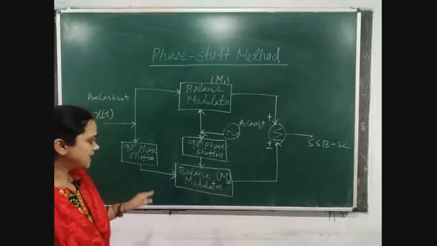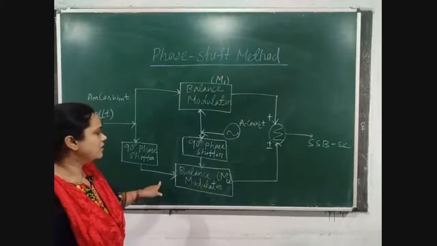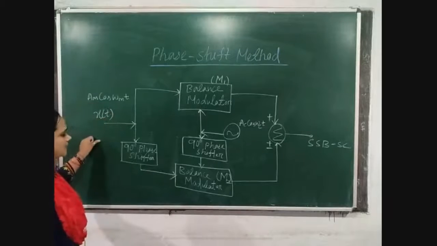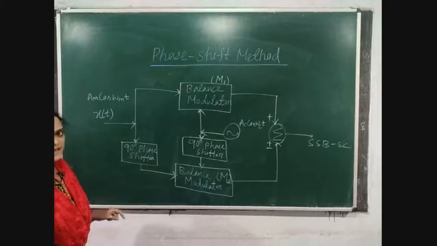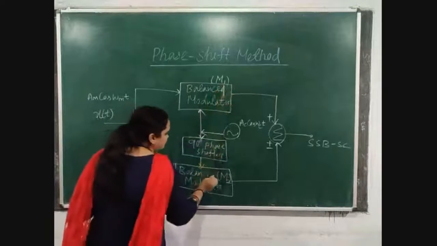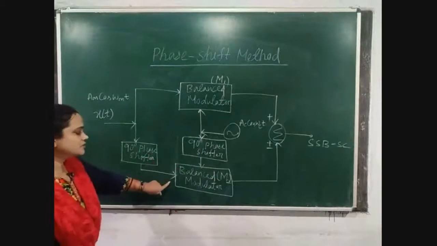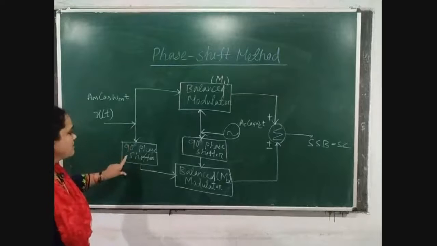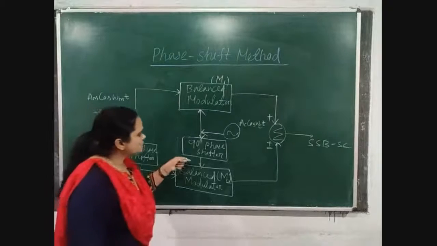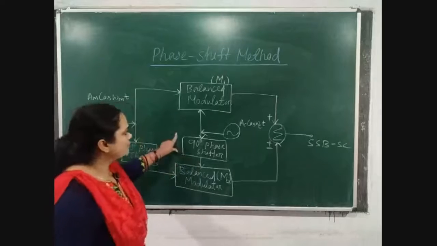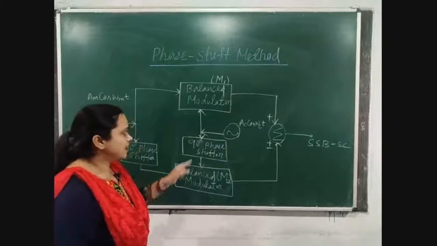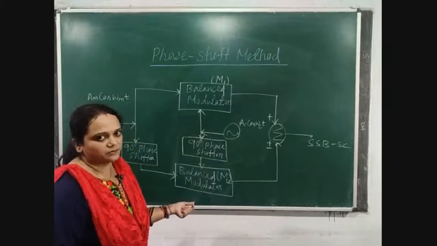To the second balanced modulator, M2, we also give two inputs, but here the modulating signal is not applied directly. Before applying it to the balanced modulator, we first phase shift the signal. Likewise, the carrier signal is not applied directly; we phase shift it first, then apply it to the balanced modulator.